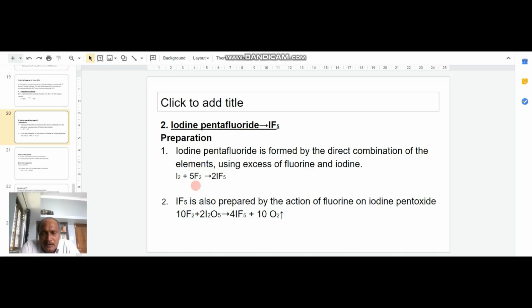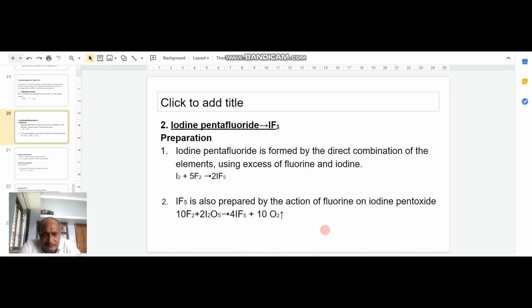That is, 1 mole of iodine is reacted with 5 moles of fluorine to form 2 moles of iodine pentafluoride. But in the second method, iodine pentafluoride can also be prepared by the action of fluorine on iodine pentoxide.